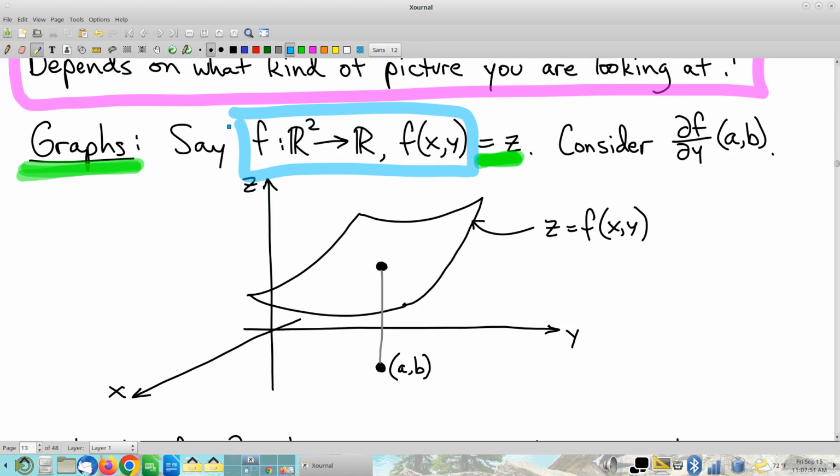Being a function, its graph, as we've previously discussed, is a surface, like so. And the question: what does a partial derivative look like on this picture? I claim this is calculus of graphs because a partial derivative is calculus, and I want to understand what it looks like on a graph. This is our first example of calculus of graphs.